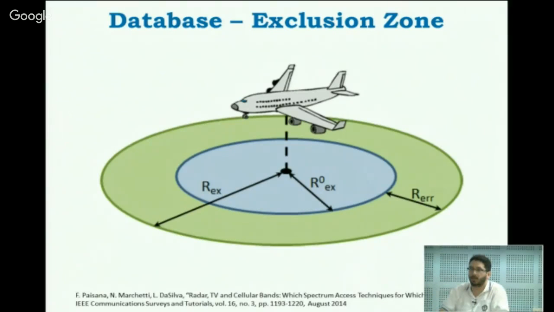But practically, the way they designed these exclusion zones, we're going to see a picture later, it excludes a large part of the coastal population from using that band. So even if you could share it, you would just share it inland, not close to the coastline, where a lot of the big cities are. Even in India, you have Mumbai and Calcutta, which are very close to the coast. And the US is even more extreme. All the big cities are along the coast.